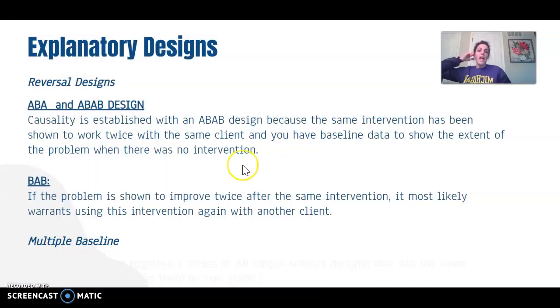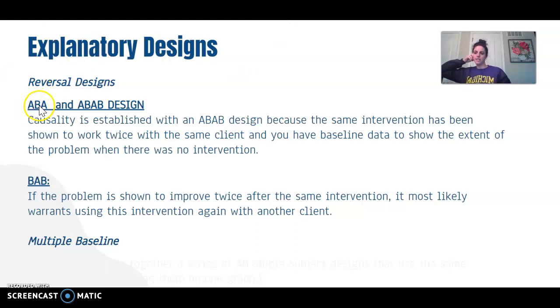So, here we go. ABA or ABAB design, you're establishing causality because you're showing that the same intervention is shown to work twice with the same client, and you have baseline data to show the extent of the problem with no intervention.